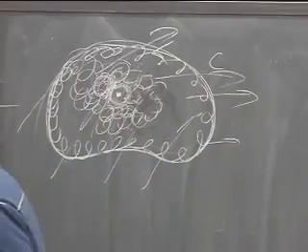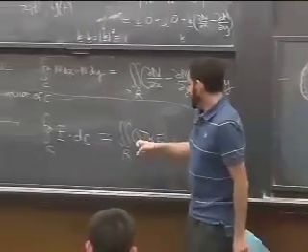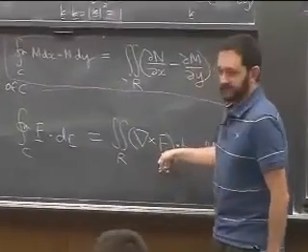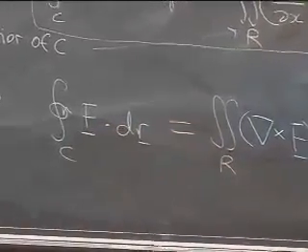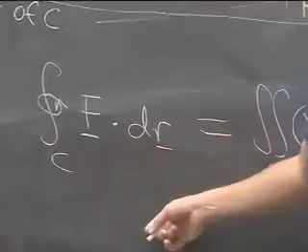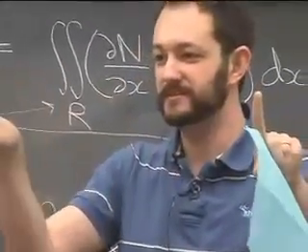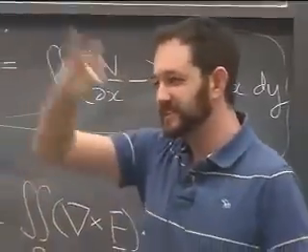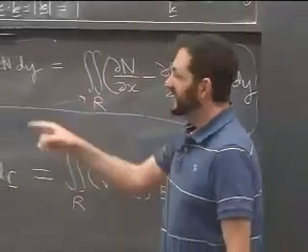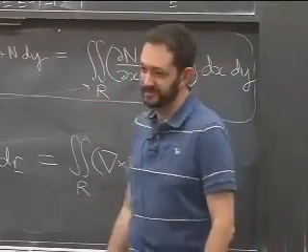Now, actually, this is also a fundamental theorem of calculus. It says that if you integrate the derivative, you get the function on the boundary. But instead of f of b minus f of a, because the boundary of an interval is just 2 points, this is now a more complicated situation. The interior is this blob, so you need a double integral, and the boundary is a line, not 2 points, so you need a line integral.